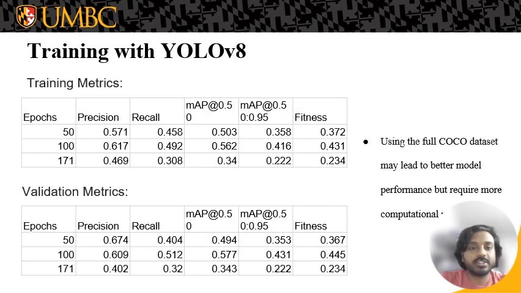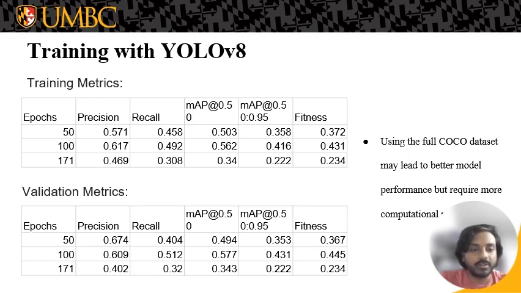After training the 6,000 images on the YOLO V8 model, here are the metrics. Coming to the training metrics, the best model is at 100 epochs, where it has the highest precision of 0.61 and also a validation precision of 0.60.